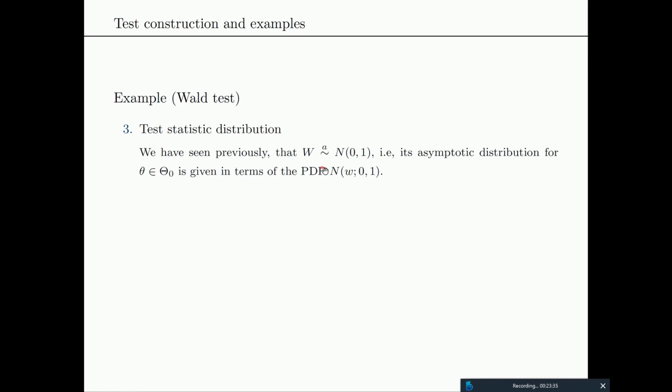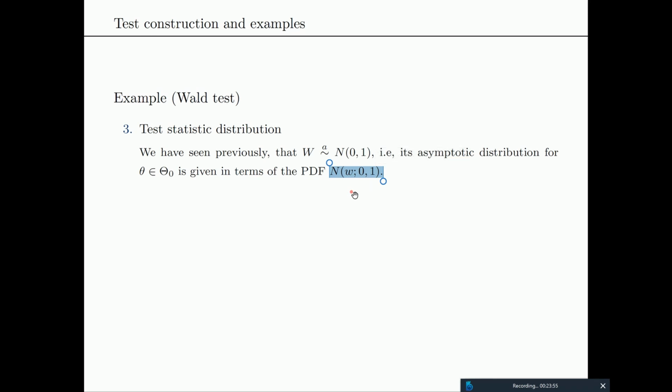Now the next thing is to consider the test statistic distribution, where we have seen previously that the Wald statistic is asymptotically normally distributed, and its asymptotic distribution is given in terms of the PDF of the standard normal distribution. So this is actually in a way easier than the distribution of the t statistic, because it doesn't involve the t distribution, but only the standard normal distribution.